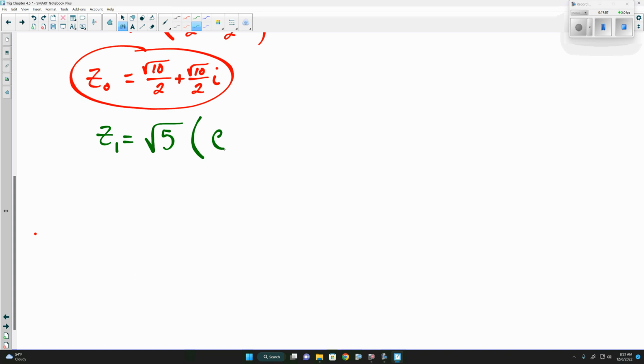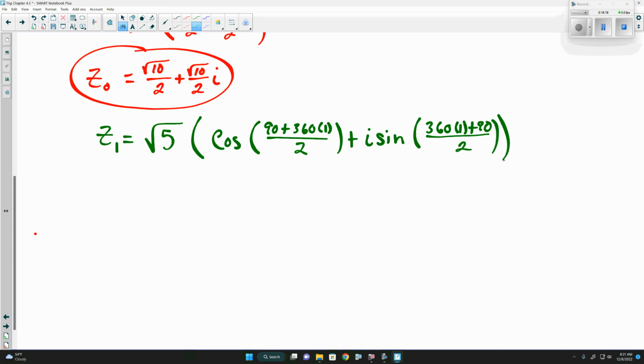Now the next part we have is cosine of 90 plus 360 times 1, over 2. I don't know why I flipped the second one. There's no reason behind it. I started writing 360 first. It just happens.